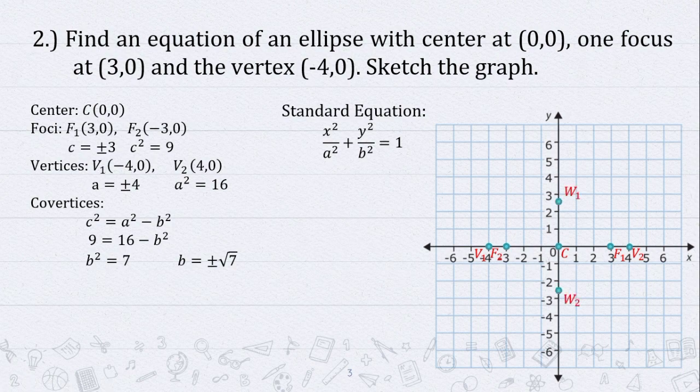So from the center, we can plot our covertices by counting 2.65 units up and down. Therefore, our standard equation here is x squared over 16 plus y squared over 7 is equal to 1. And this is how our graph looks like.